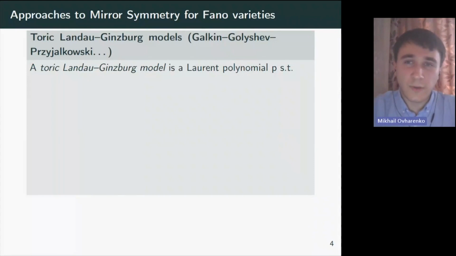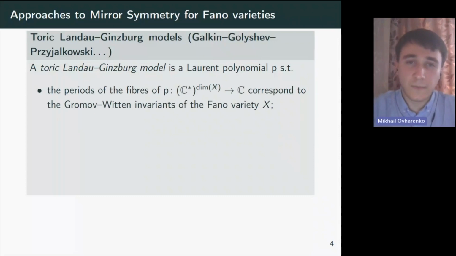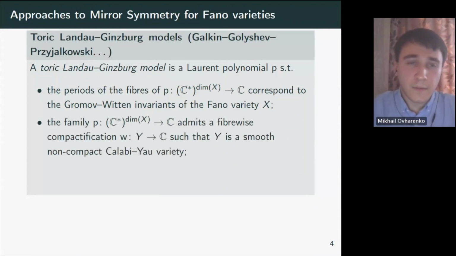A toric Landau-Ginzburg model is a Laurent polynomial such that, first of all, its periods, I mean the periods of the family of hypersurfaces in the torus which is defined by the Laurent polynomial itself, should correspond to certain Gromov-Witten invariants of the Fano variety, so-called quantum periods. Secondly, the family itself should admit a relative compactification such that the total space of the compactification is a smooth Calabi-Yau variety, but non-compact.